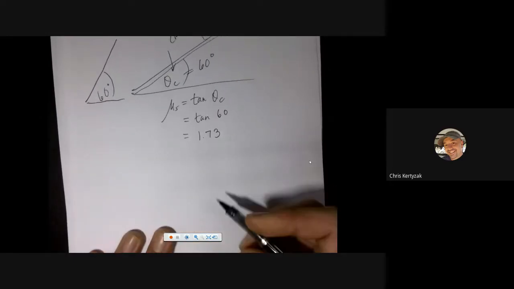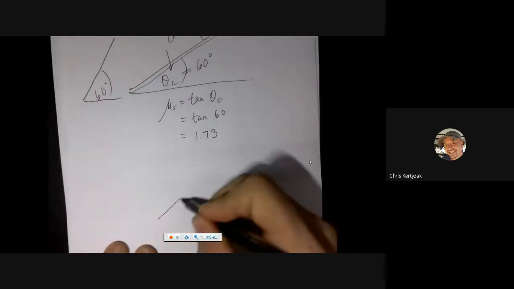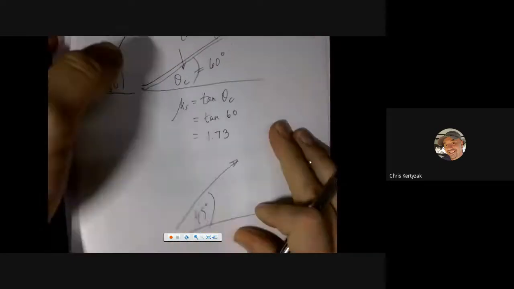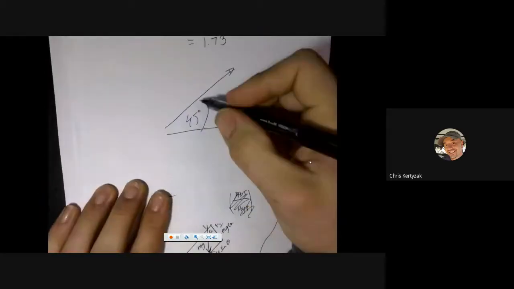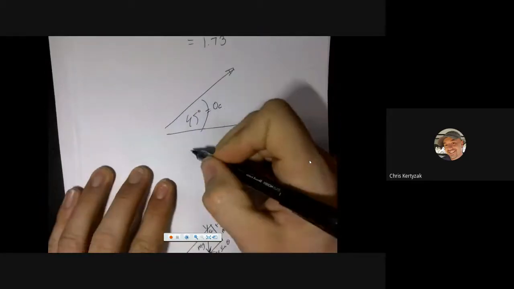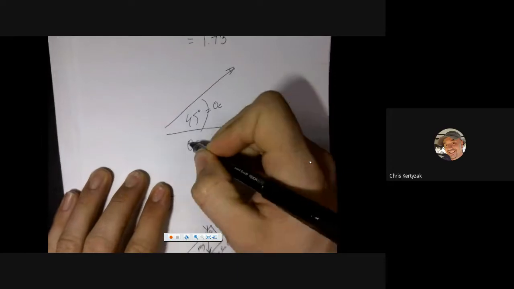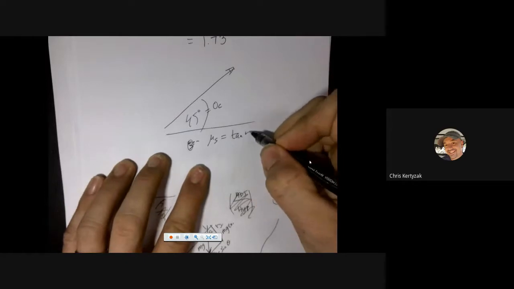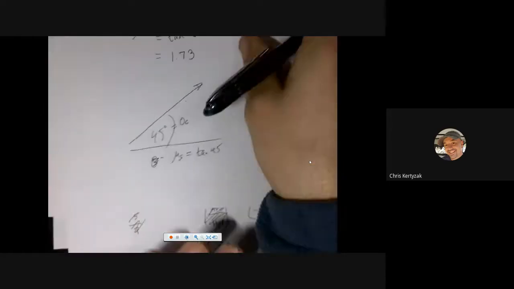What if we looked at 45 degrees? Kind of the way I drew it before. What if the critical angle is 45 degrees? Then we would say the coefficient of static friction, if it was just about to slip at the 45-degree angle, would be tangent of 45. Wait, 45?